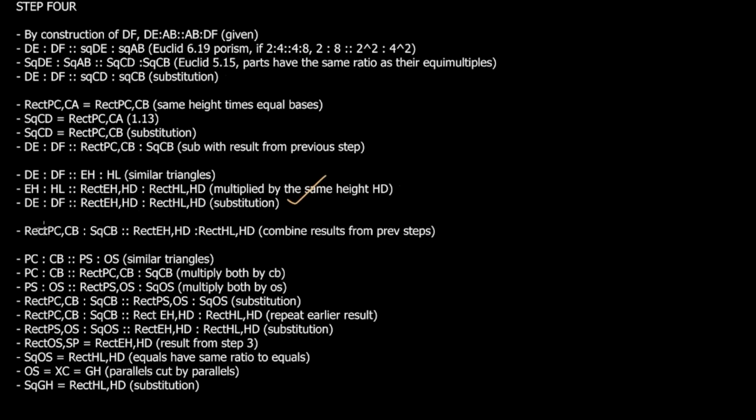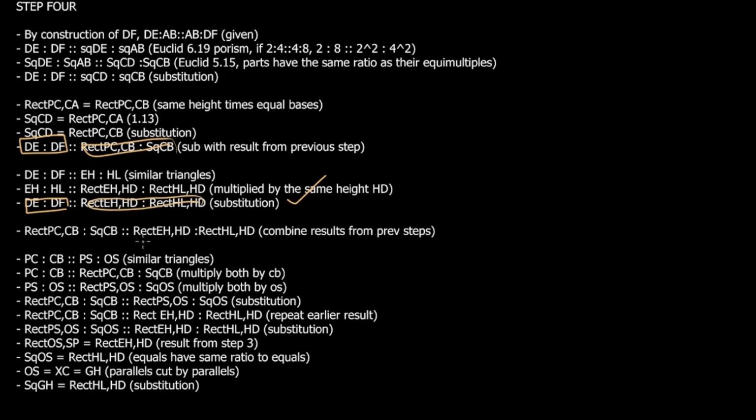So now let's see. Okay, I see. So it's like DE, DF, these rectangles. DE, DF is these rectangles. So as DE is to DF, you have these rectangles in square, and these rectangles in square.